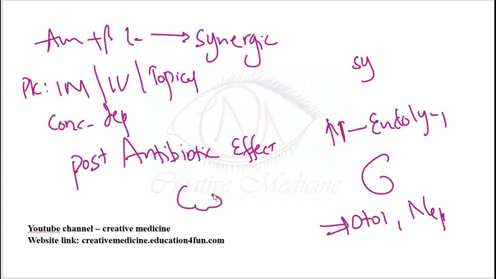They are in less concentration in the cerebrospinal fluid, and also in the aqueous fluid of the eye. They accumulate in the kidney whenever there is decreased GFR, that is, in renal insufficiency and renal failure, the aminoglycosides will accumulate in the kidney.